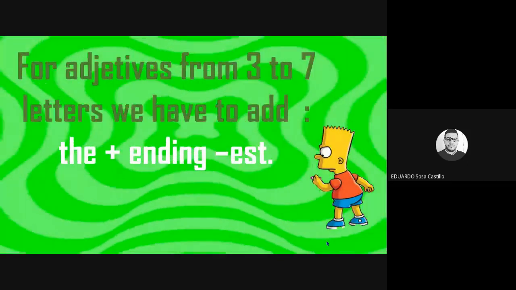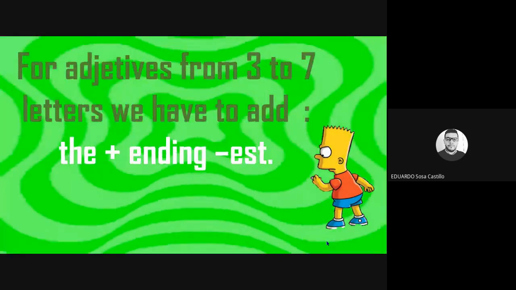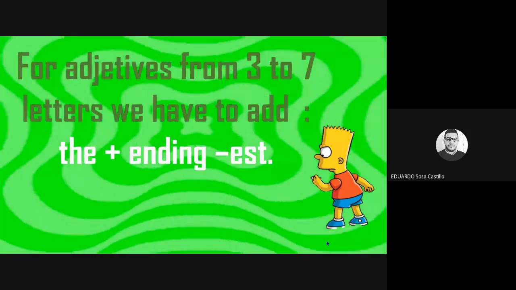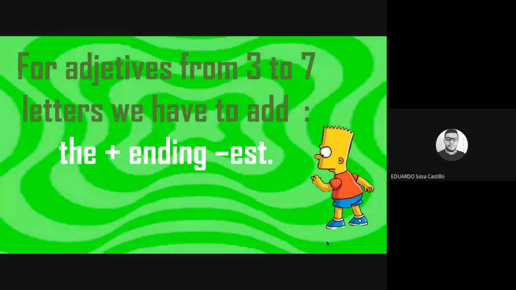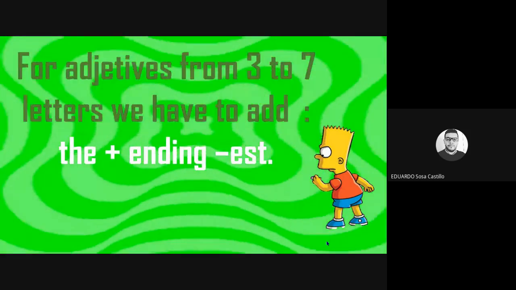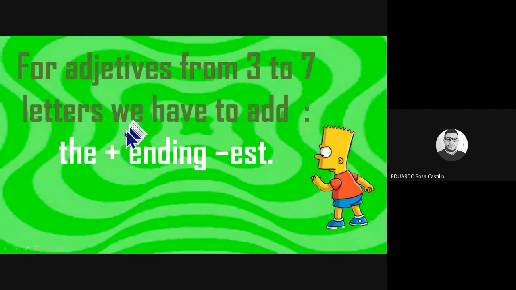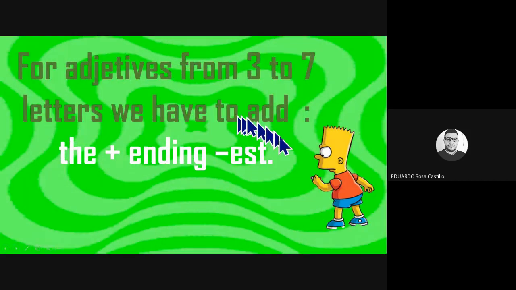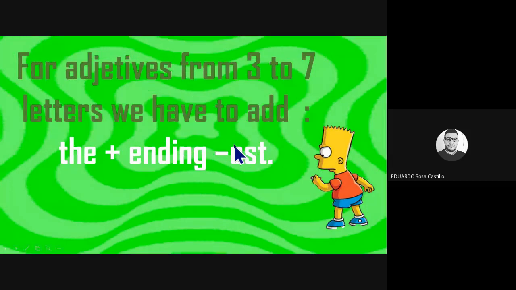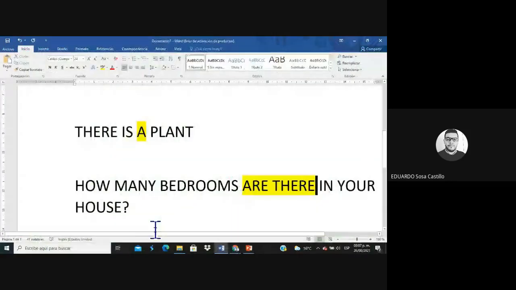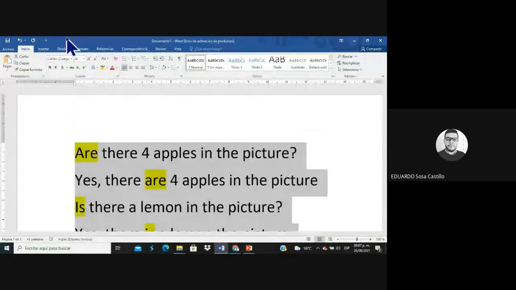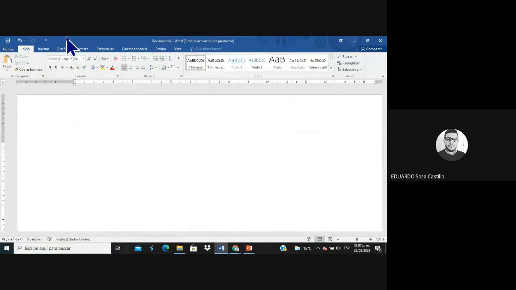Check this out. When we are using adjectives from 3 to 7 letters, we're going to add the, can you see it? The plus the ending est. For example, let me show you some adjectives that are between 3 or 7 letters.